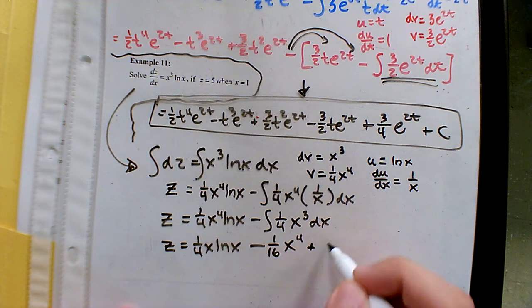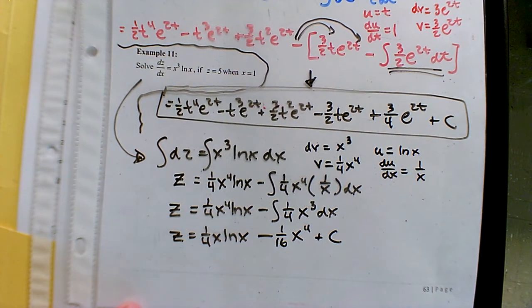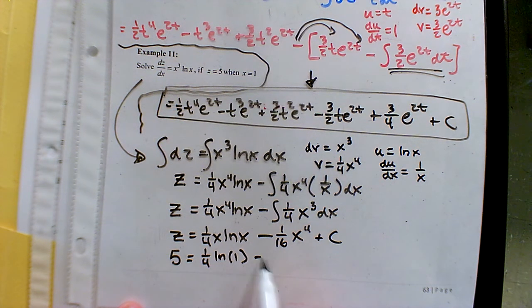We don't know the bounds, so we need that plus c. But we're gonna figure out what c is, because didn't they give us a particular value for z and x? All right, so 5 goes in for z. We'll plug in 1 for all the x's.